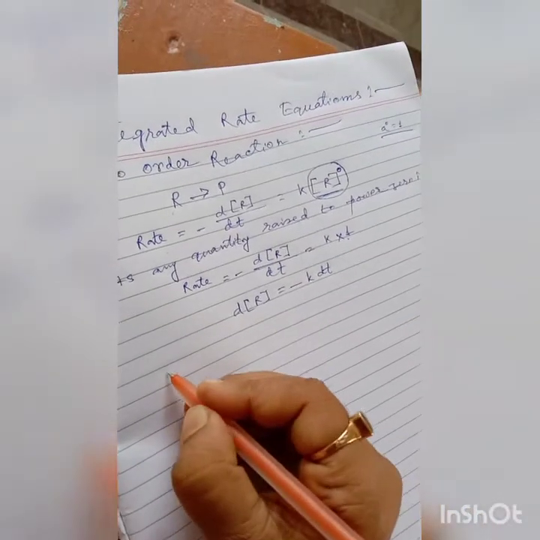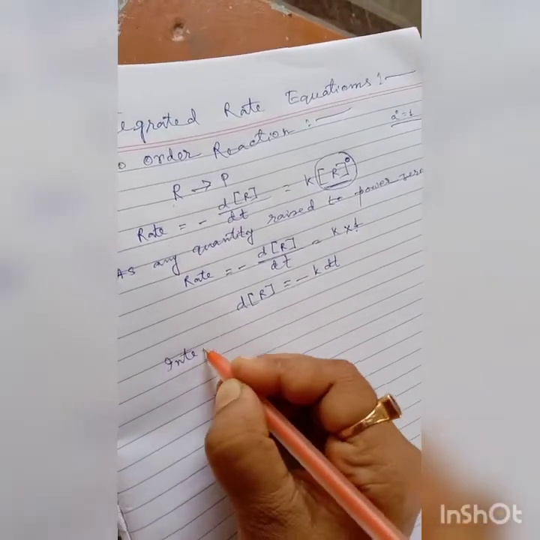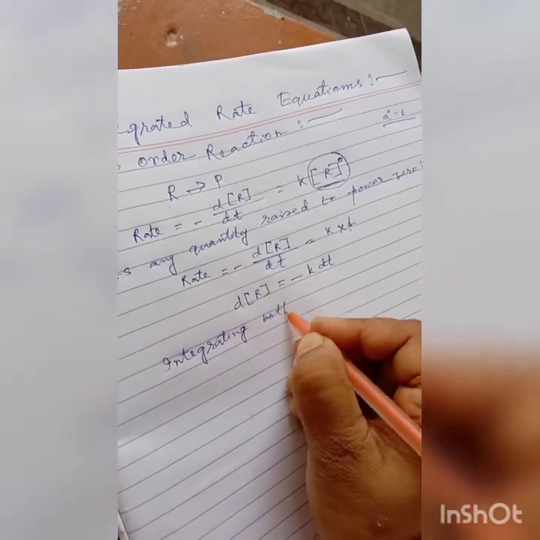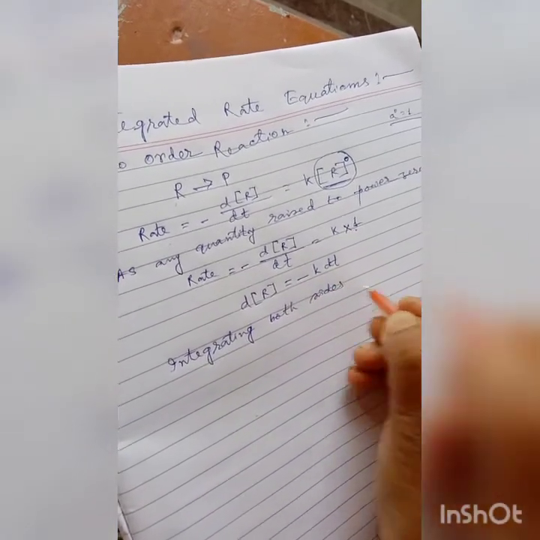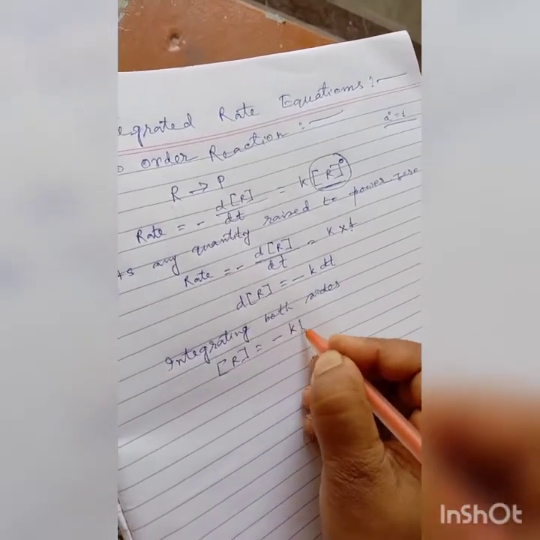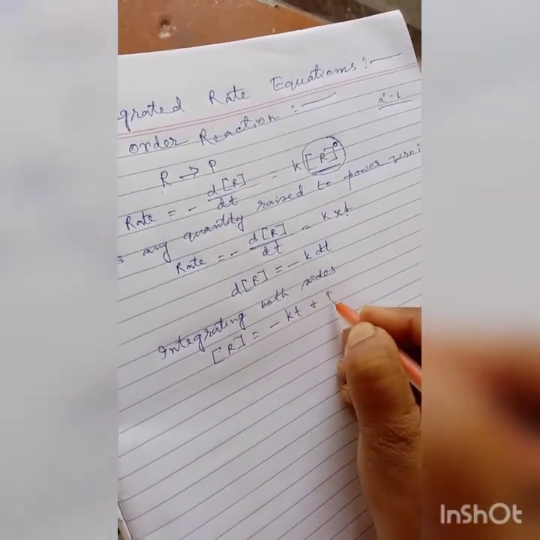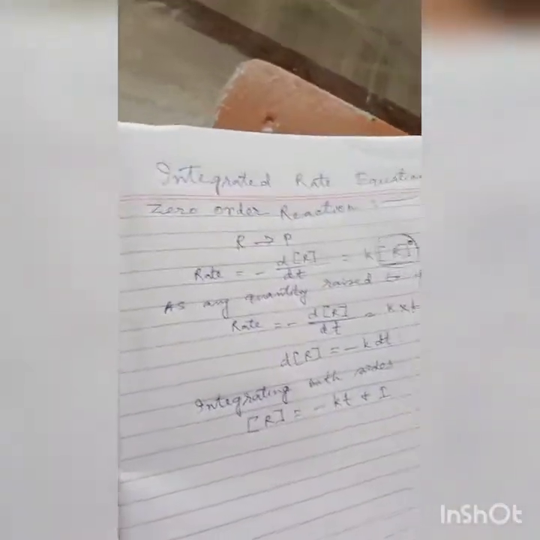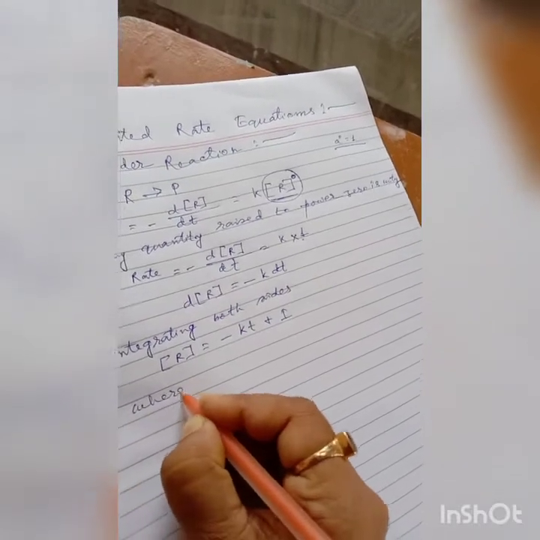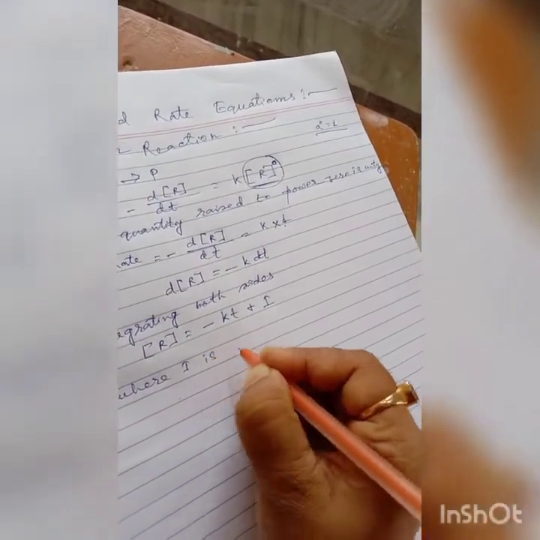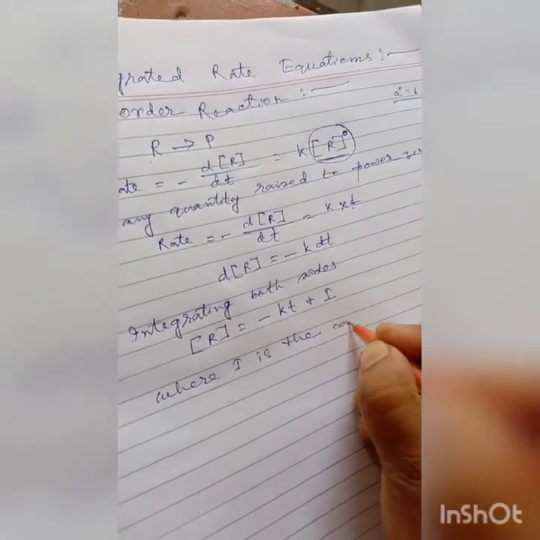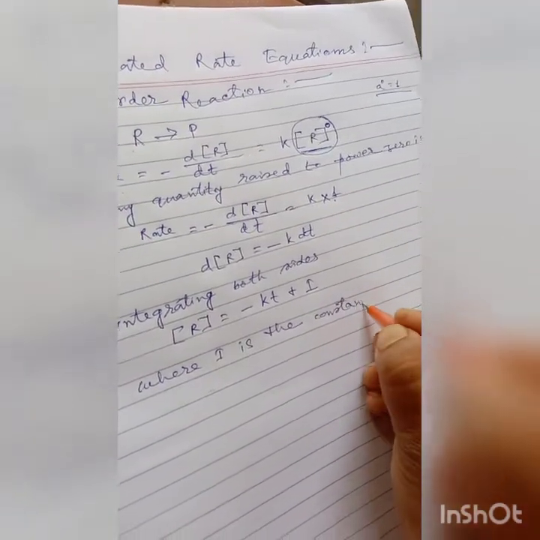Now integrating both sides, R equals minus kt plus I, where I is the constant of integration.